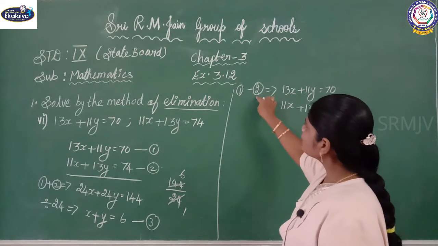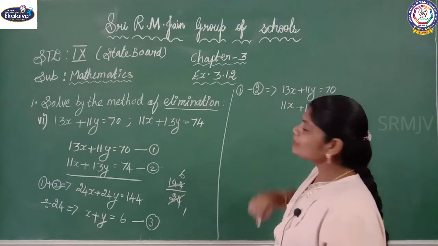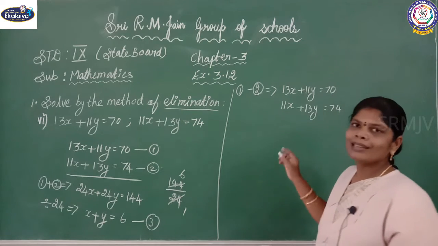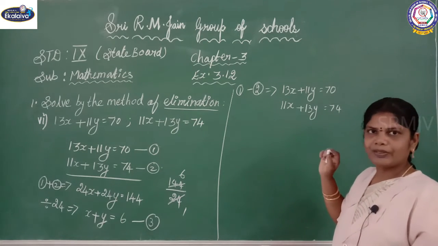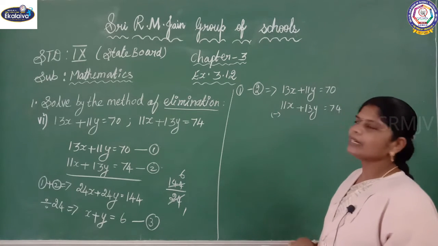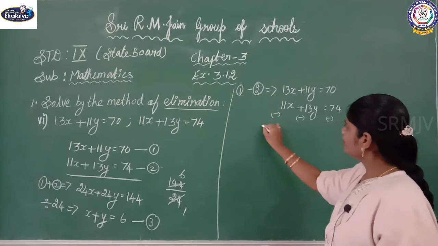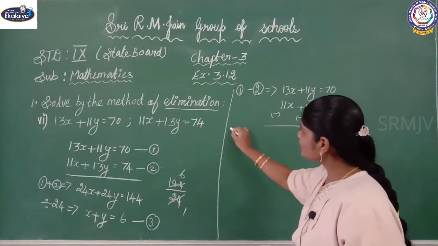So what I am going to do, children? I am going to subtract. If I want to subtract, I have to change the signs of the second equation. Positive becomes negative, and here also negative.